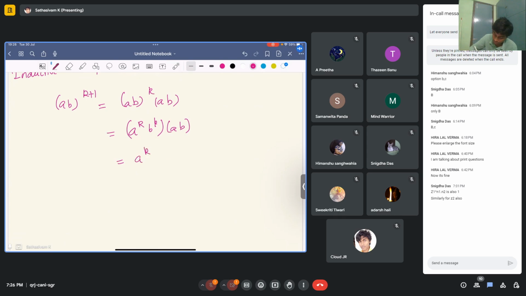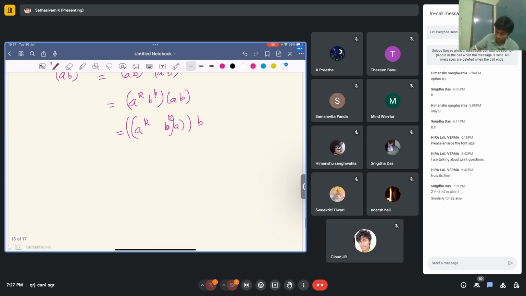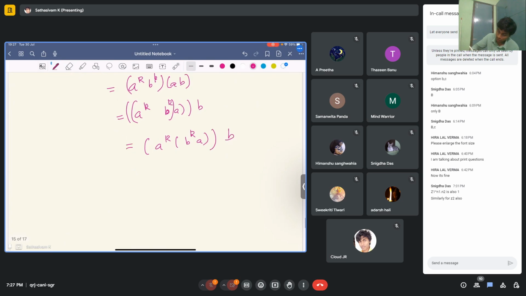This is a^k, b^k, a, b. No, I think this is not correct. Wait. Okay, and then change the brackets again. Now you can use the commutativity.